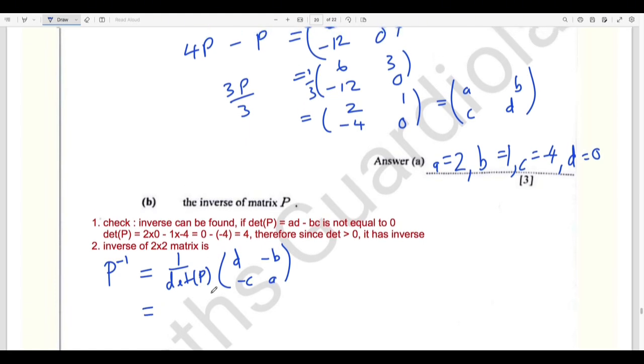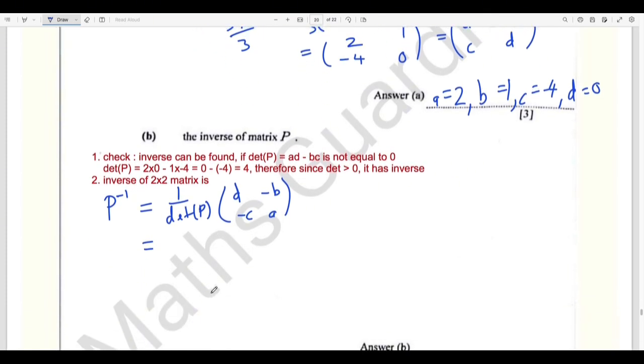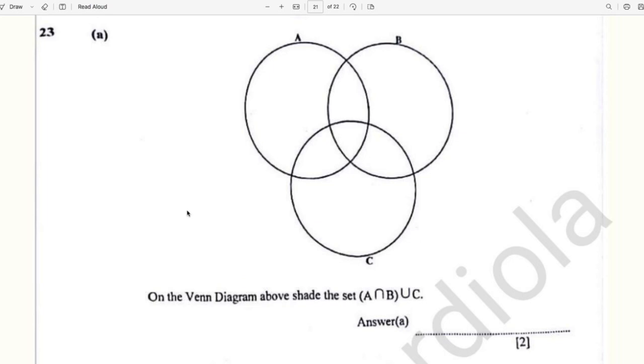We've already calculated the determinant, it's 4. So it's 1 over 4 multiplied by our matrix, and we already know the values of A, B, C, and D. So now we just plug in the values. D is 0. B is 1 times minus 1, which is minus 1. C is minus 4 multiplied by minus 1, that gives us 4. And then A is 2. So this is our final form of the inverse matrix.